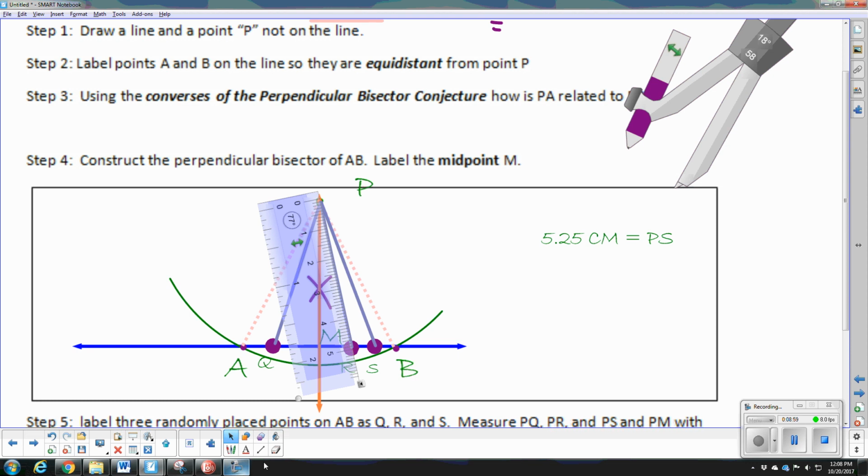And PR is about 5 centimeters. I'm going to go back and I'm going to measure PM. And that's about 4.75 centimeters.